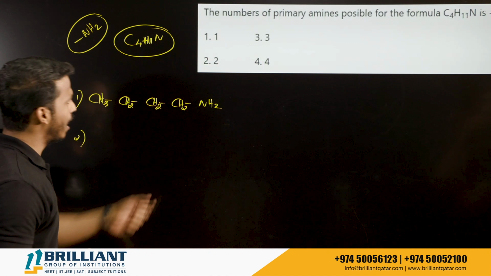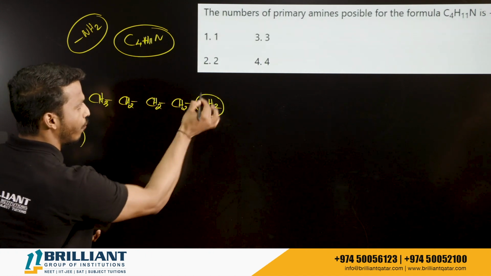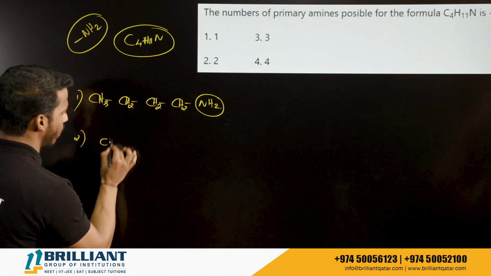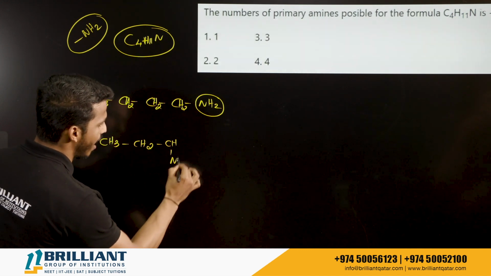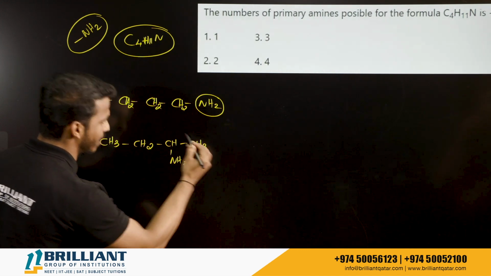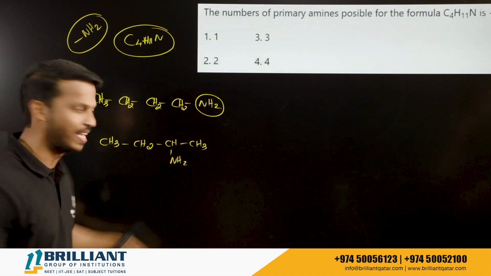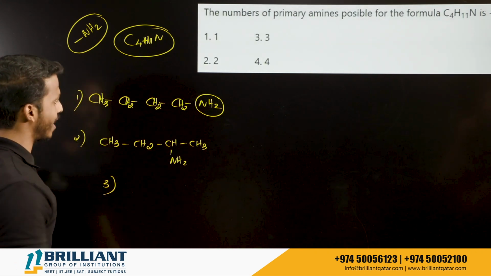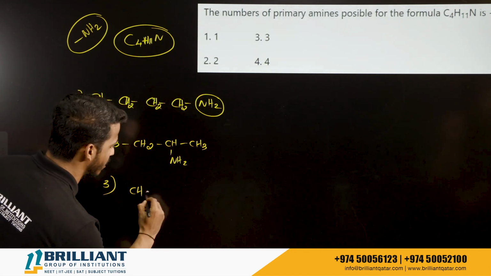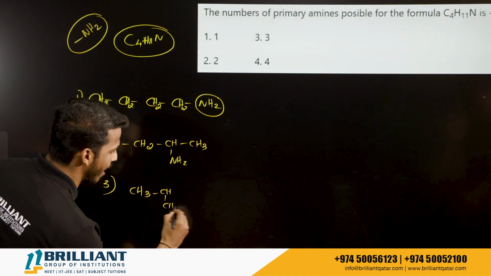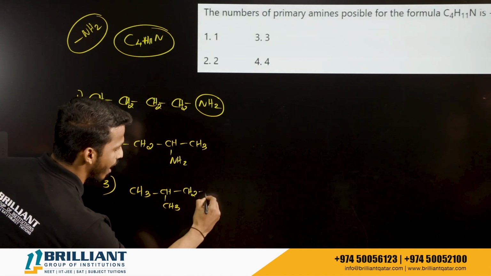Let me interchange the position of the NH2 group to the second carbon. So I will get CH3, CH2, CH, NH2, CH3. Yes, it's also a primary amine. Next, the third one. Let me interchange the alkyl groups: CH3, CH, CH3, CH2, NH2.